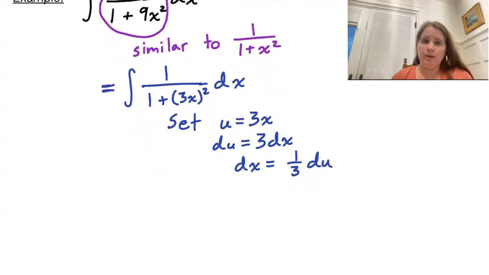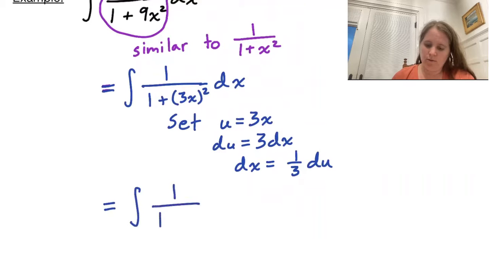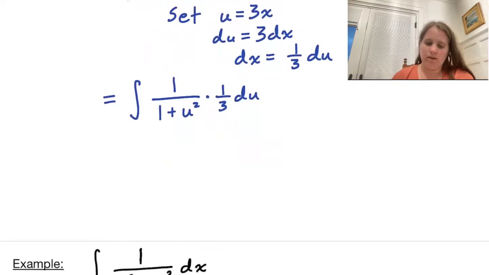And what we wind up getting is the integral of 1 over 1 plus u squared times 1/3 du. We could pull that 1/3 out front.